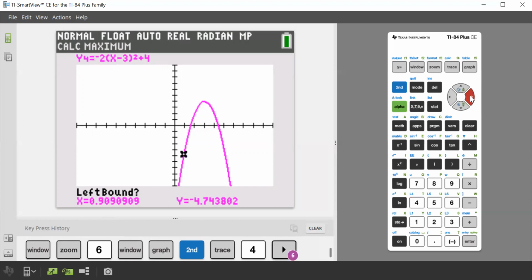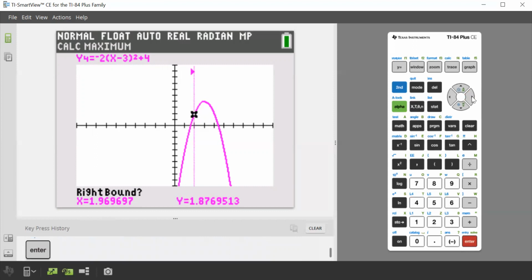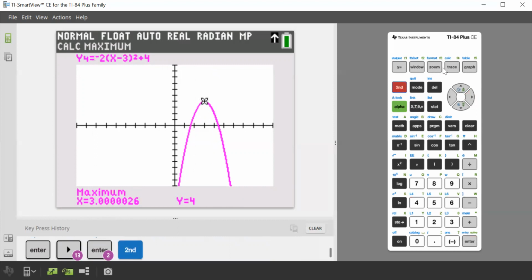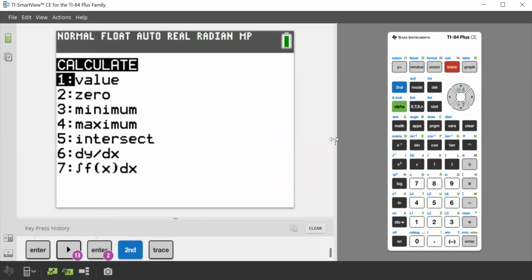There's my cursor. Okay, left bound. I just have to be on the left of the vertex. Doesn't matter where, as long as it's on the left. Hit enter. Right bound. Move to the right side. Doesn't matter where. Hit enter. Guess, who cares? Hit enter. And there's your vertex.